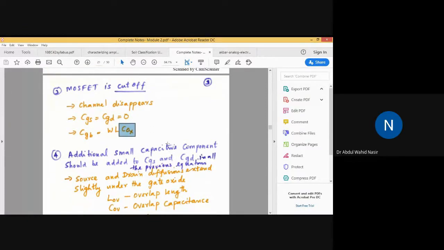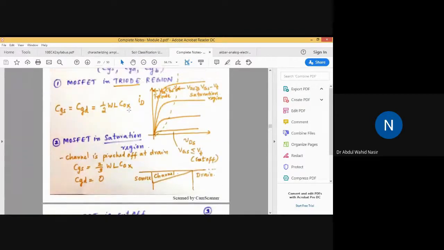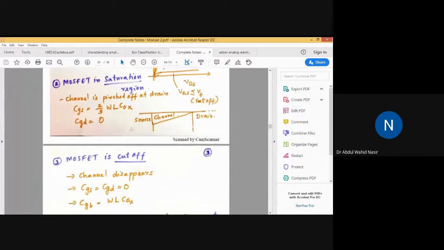There is one additional capacitance also. An additional small capacitive component should be added to CGS and CGD in all the previous equations. Now we have seen the value of CGS and CGD in all three situations, where it's working in a triode region, saturation region, and cutoff region.